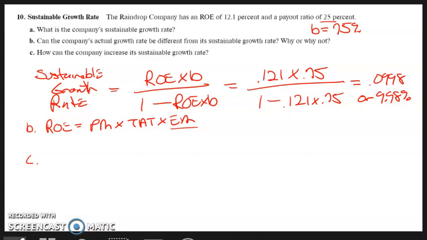For example, if you reduce that to zero, it would increase the sustainable growth rate substantially. Also, any increases in profit margin, total asset turnover, or equity multiplier would result in an increase in the sustainable growth rate as well.